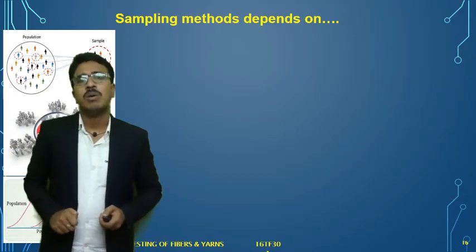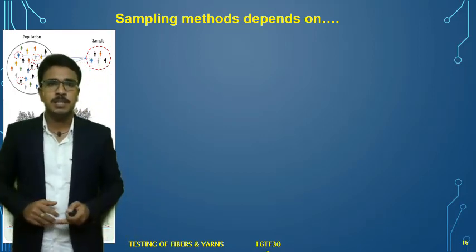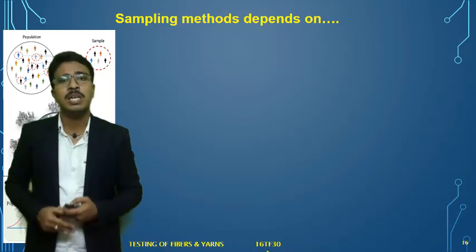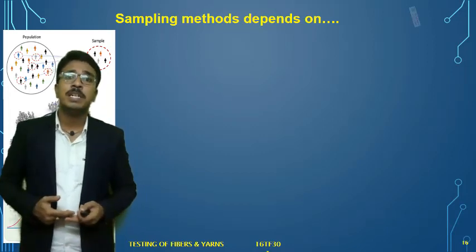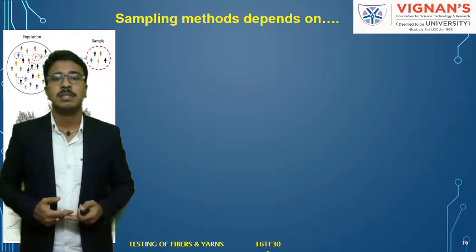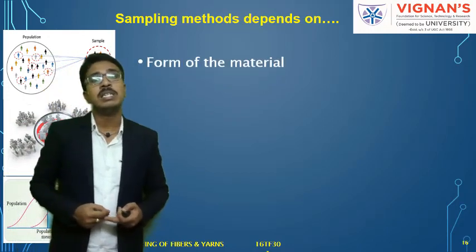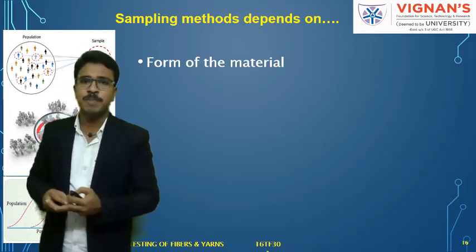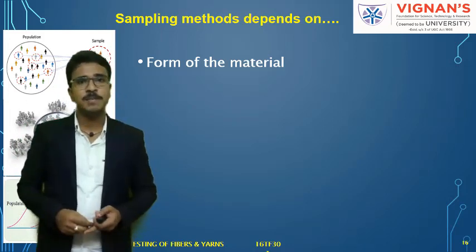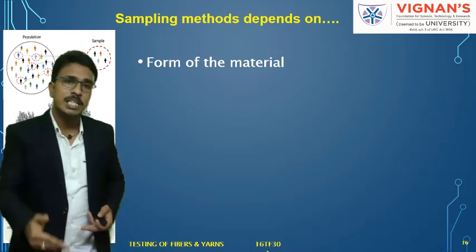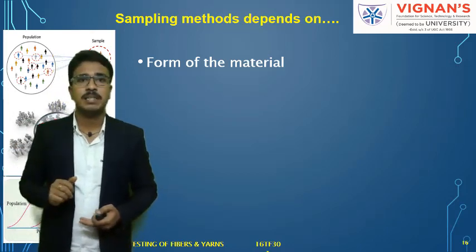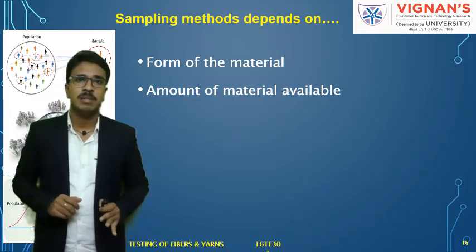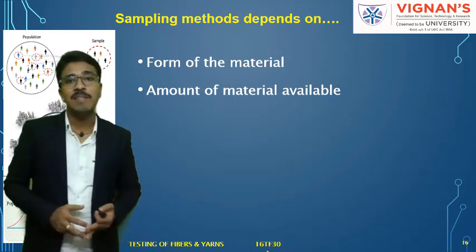Now, whatever sampling methods we are following or adopting depend on certain factors, certain parameters. One is the form of material: whether it is fibers, yarn, fabric, or garment. The second one is the amount of material available.